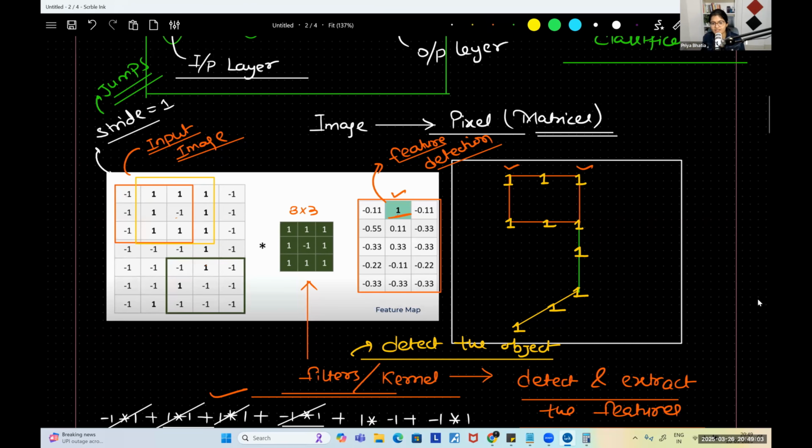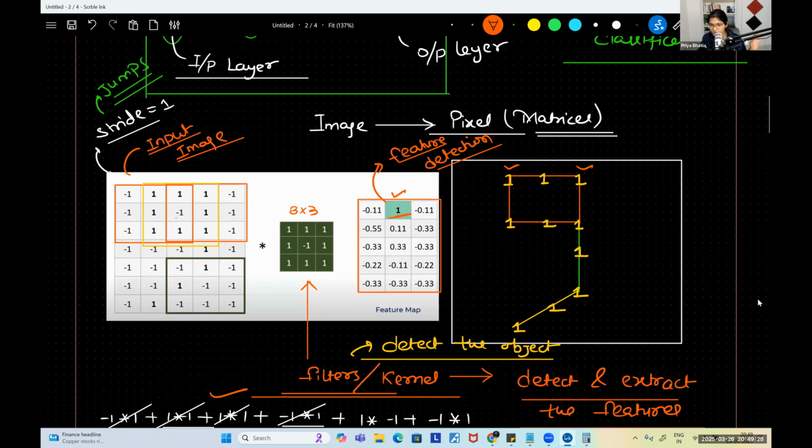If you are saying the stride is 2, it means you're skipping the initial 2 columns and then shifting to the third matrix directly. So what you have skipped is this specific matrix. Is this clear now? Filter size and stride size are not at all interconnected. These two are different concepts.